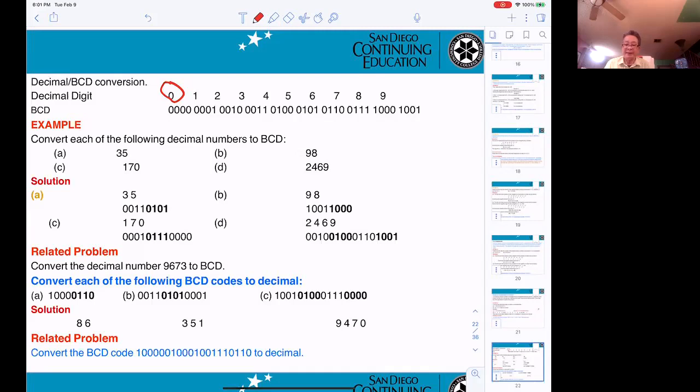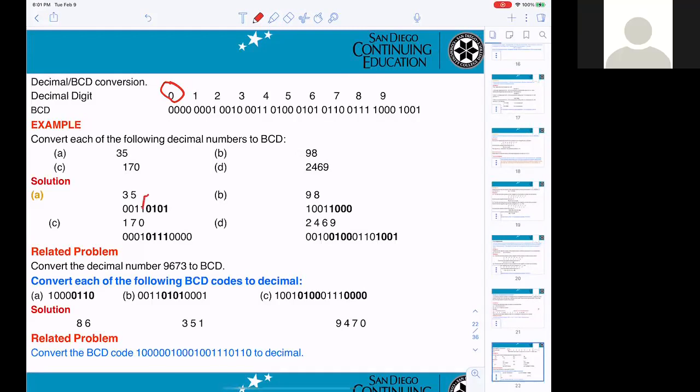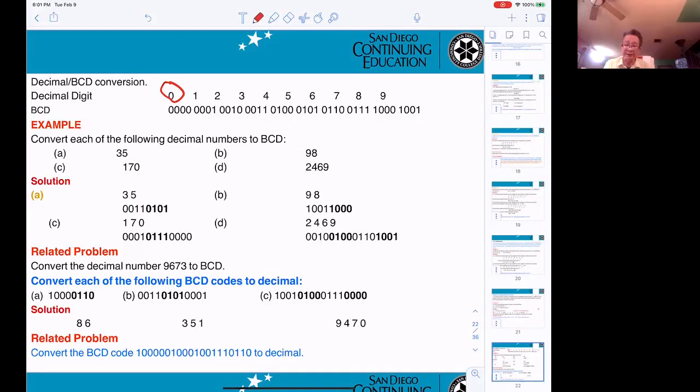Okay? Example, they want to convert 35 to BCD. The first thing, number 35. You can see number 3 will be 0011. You see that? It must be 4 bits. Then number 5 is 0101.